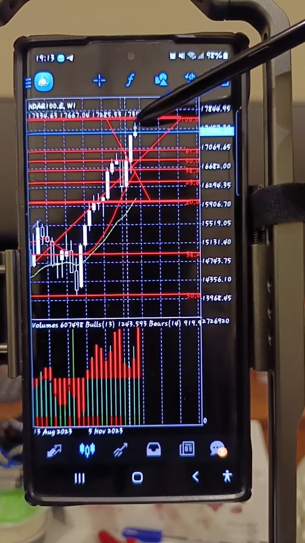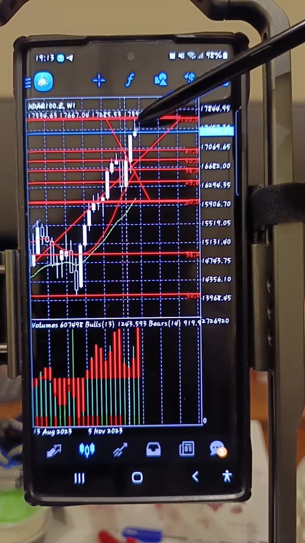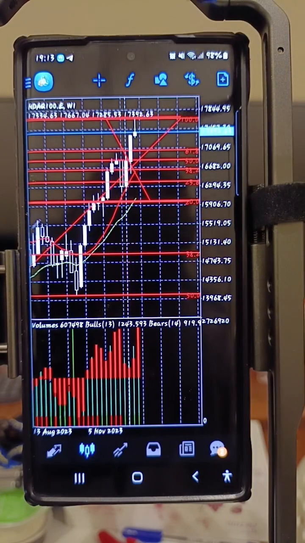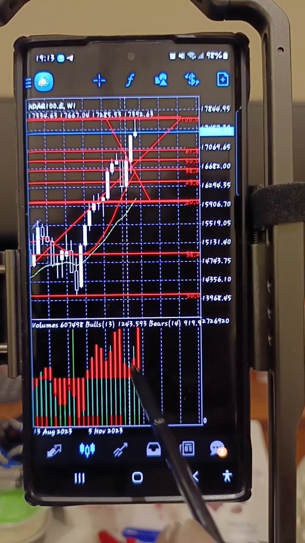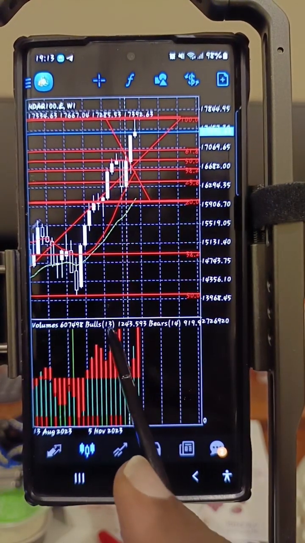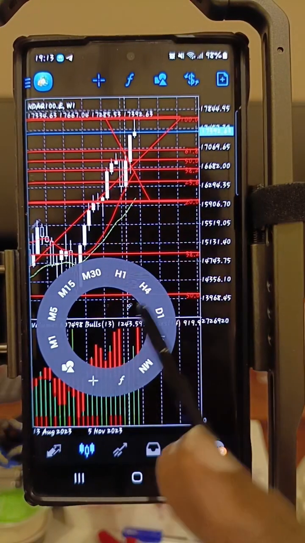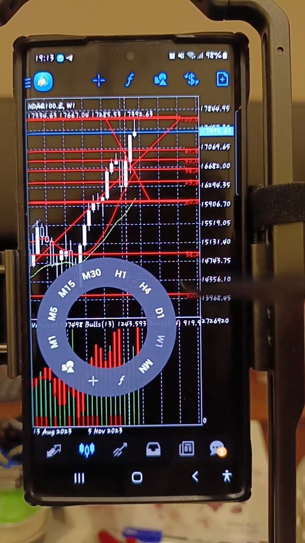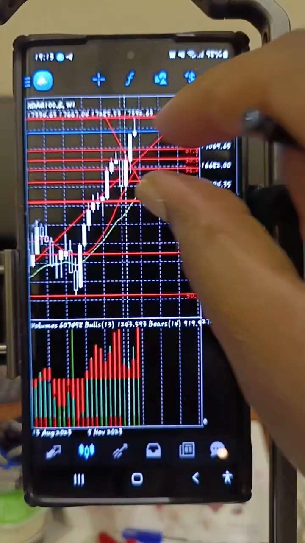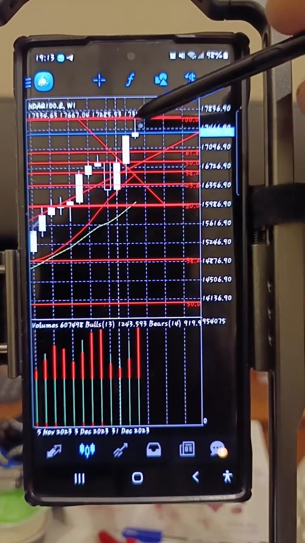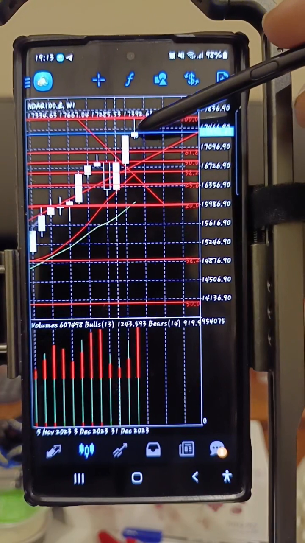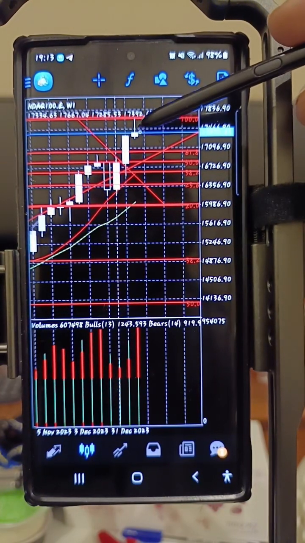So I'm looking to see that as the buyer comes in, because you can clearly see the bull is still strong. The bull is still strong on NASDAQ. So therefore, this is still a bull market for me. It pulled back here, so I'm looking to see what will happen.